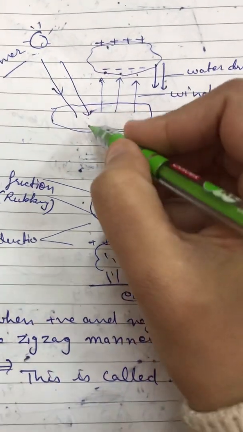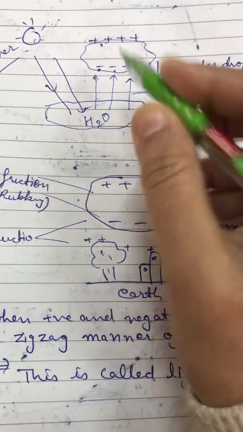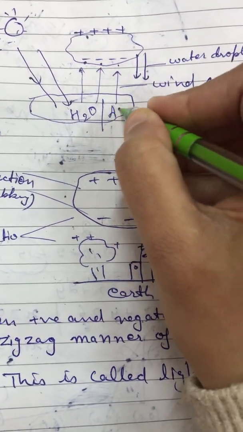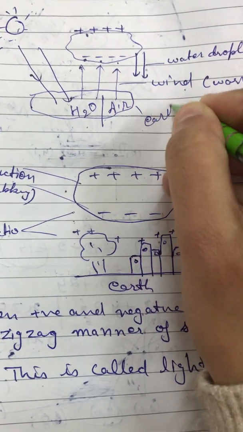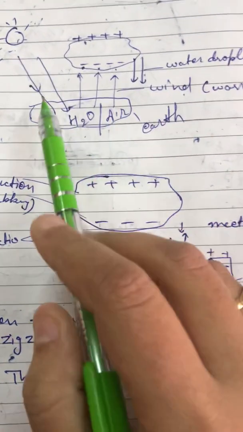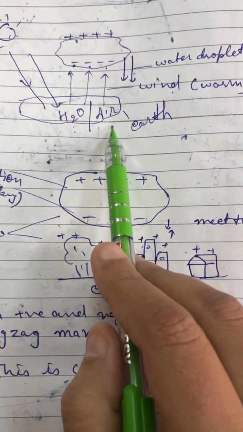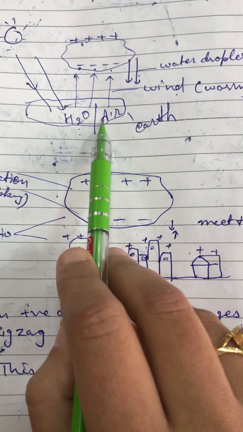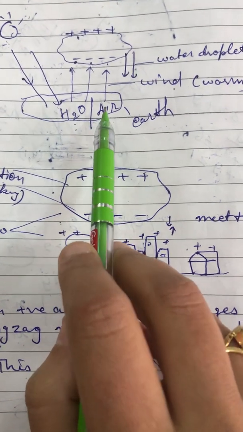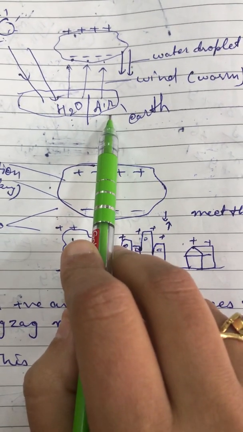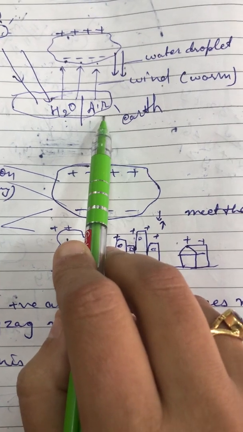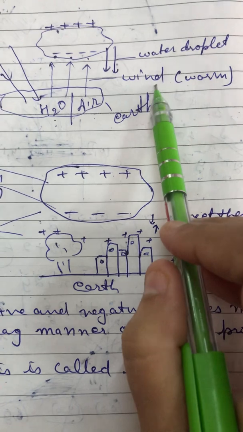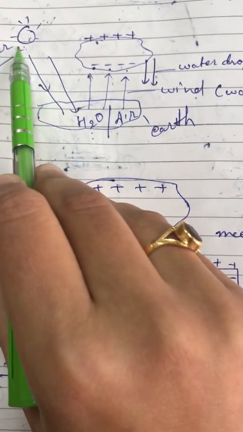This heat warms the water and air present on earth. Due to the sun, this air and water move upward. Why do they move upward? Because when air becomes warm, it becomes lighter and moves upward.